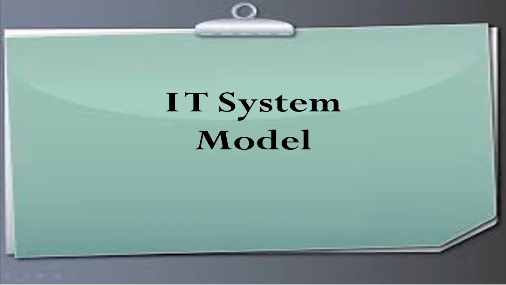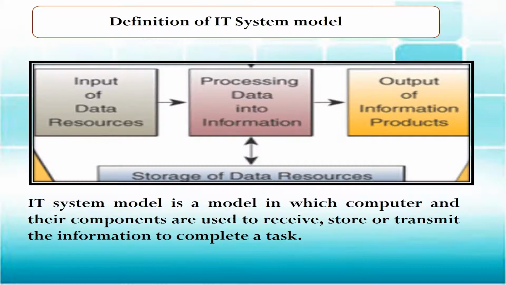An IT system model is divided into three parts: input, processing, and output. The information or data given to a system by the user is termed as input. Processing of the input is done in the CPU, or the central processing unit, which is the brain of the computer.